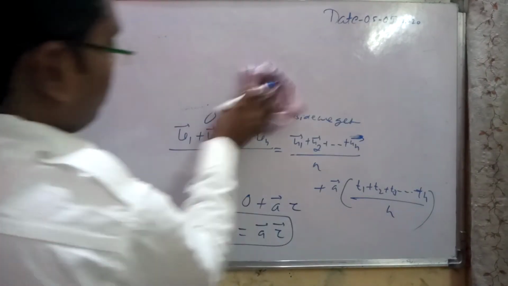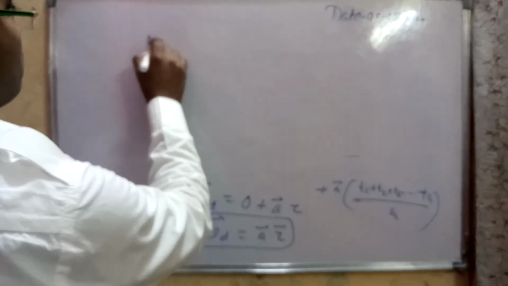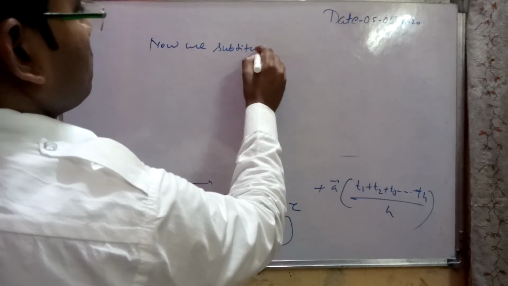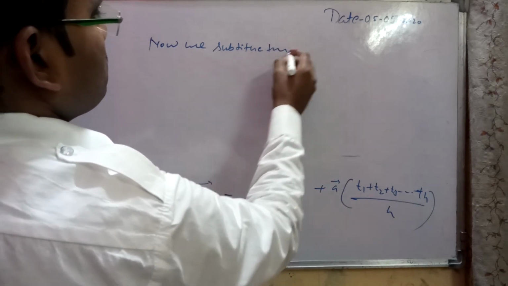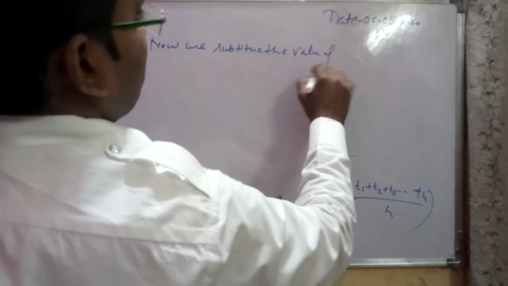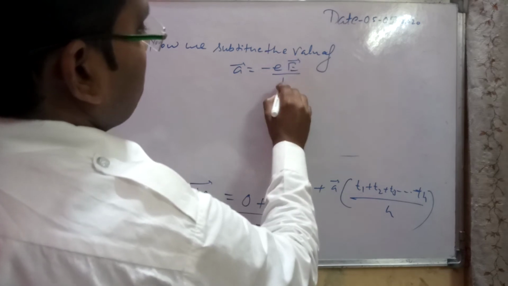Now we substitute the value of a. a is equal to minus eE by m.